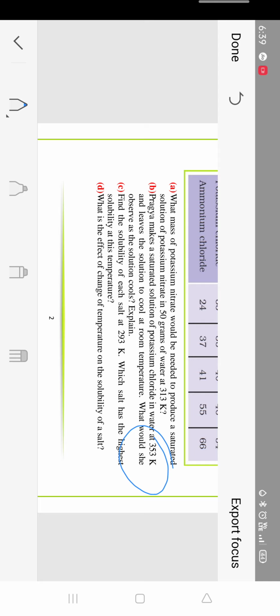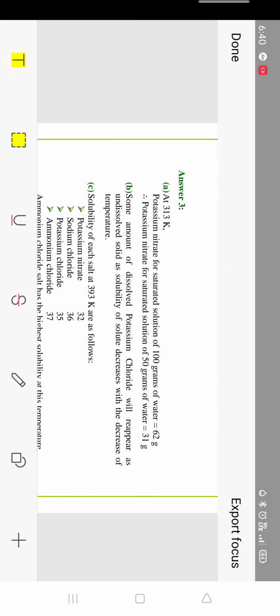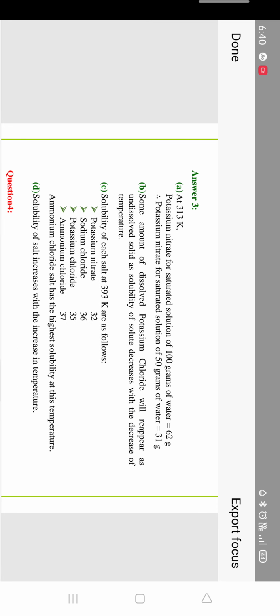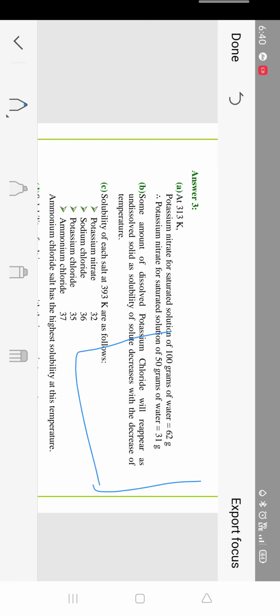But all of you know, when the temperature decreases, solubility also decreases. Then some amount of dissolved potassium chloride will appear as undissolved solid as the solubility of the solute decreases with decrease of temperature. So when the temperature of the saturated solution decreases, you can observe some undissolved potassium chloride at the bottom of the solution.